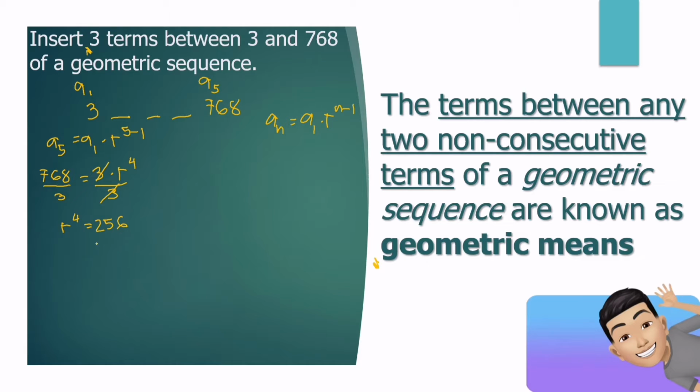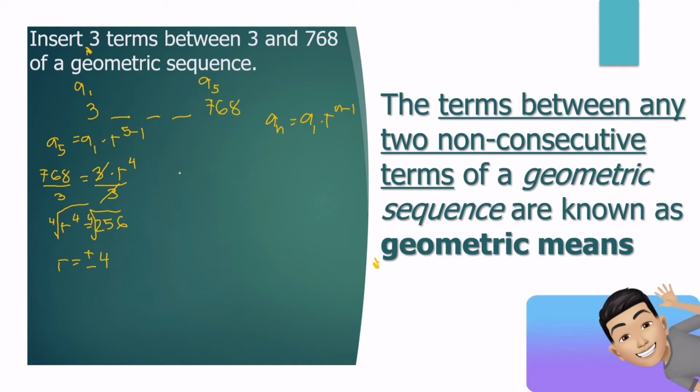Kunin natin yung fourth root. So, R will become positive or negative 4. Ibig sabihin, there are two possible values ng ating common ratio.